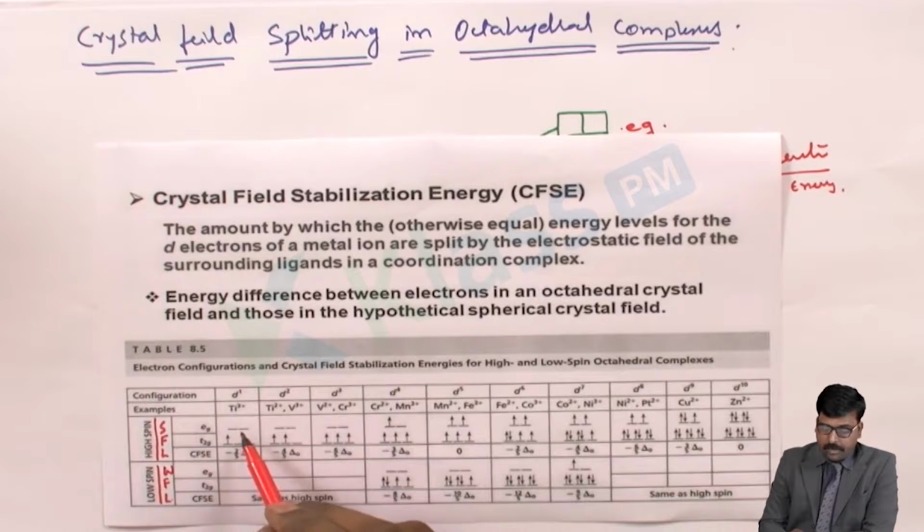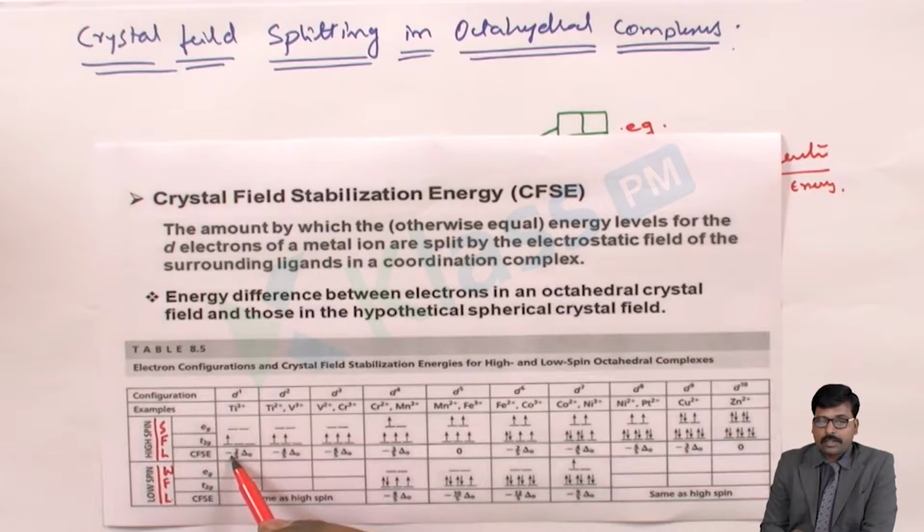So the splitting will be done in octahedral in such a way that when titanium plus 3 is taken, the t2g will be filled with the one electron. The crystal field stabilization energy associated with this particular electron is minus 2 by 5 delta.